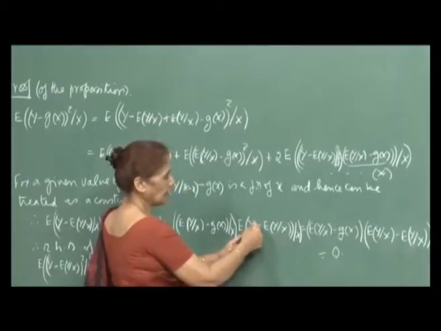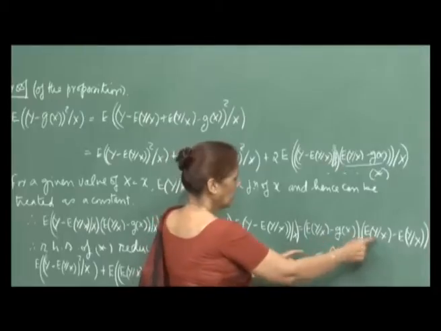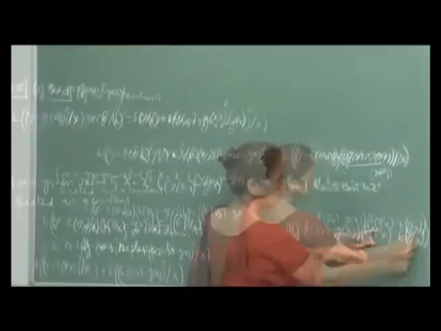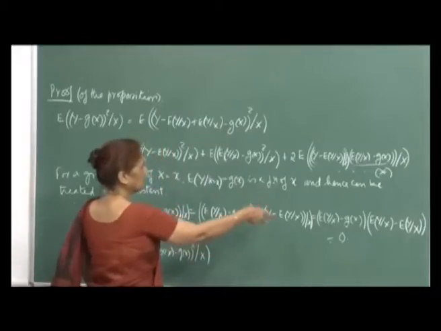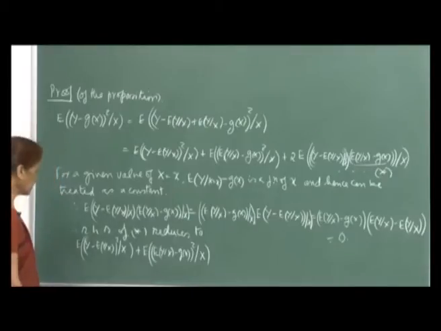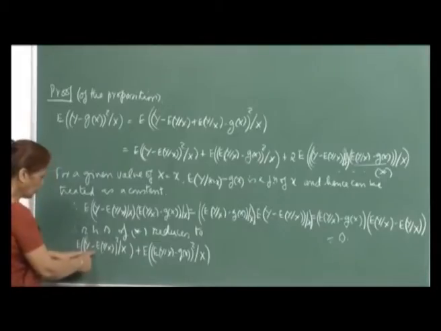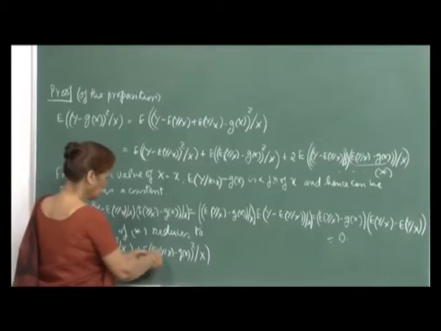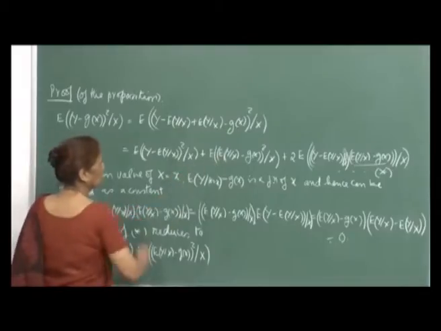So, this portion will be E(y|x) minus E(y|x), which is 0. Therefore, in the star expression, this cross term has no contribution, and the right hand side reduces simply to the expectation of (y minus E(y|x)) whole square conditioned on x, plus the expectation of (E(y|x) minus g(x)) whole square conditioned on x. So, this is what you have.